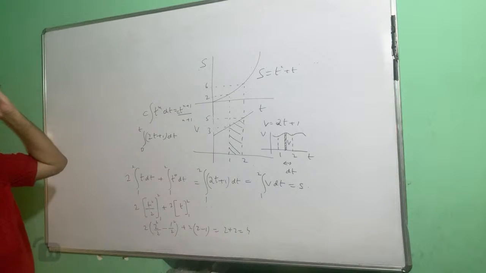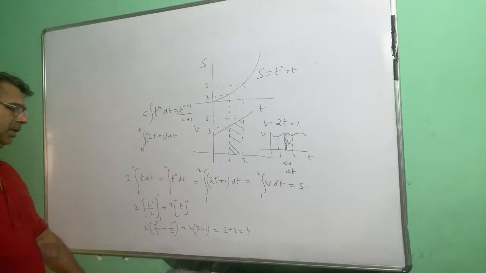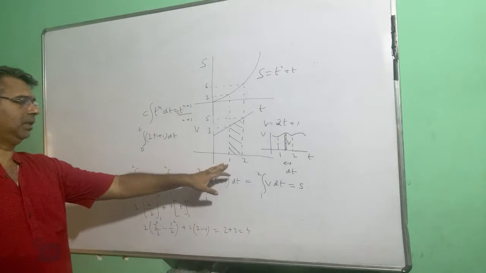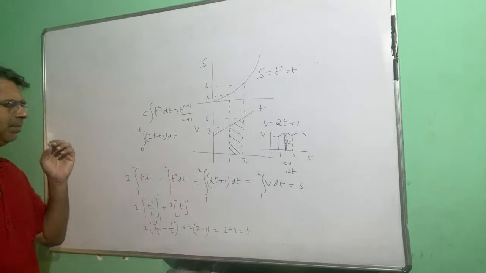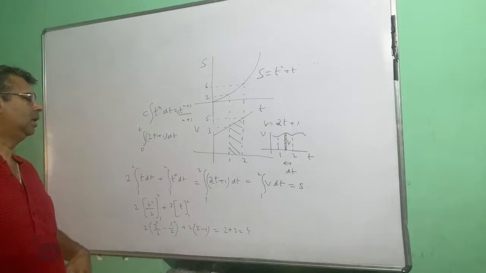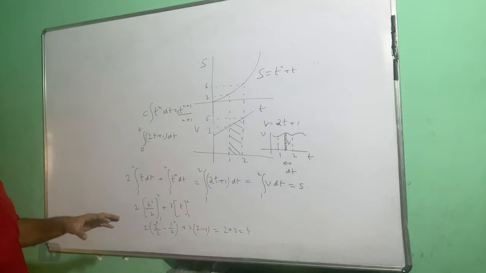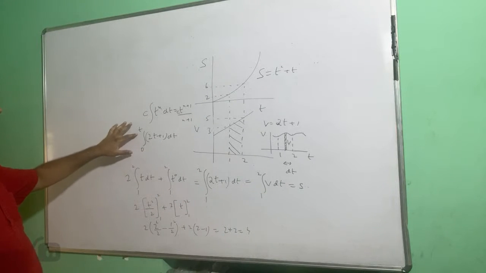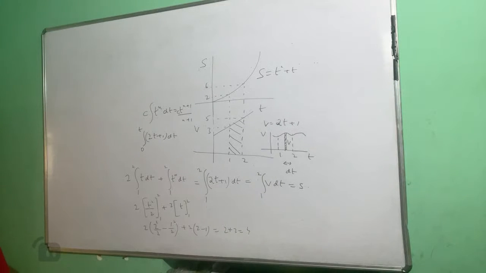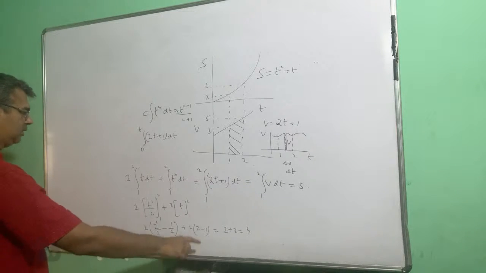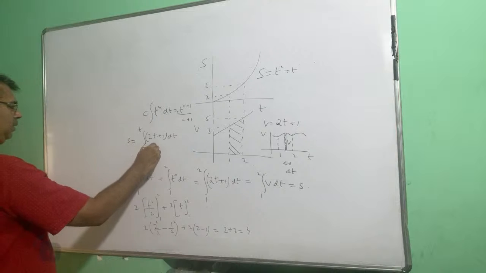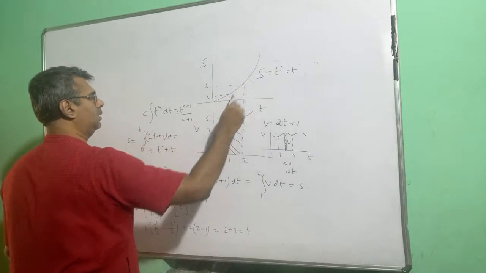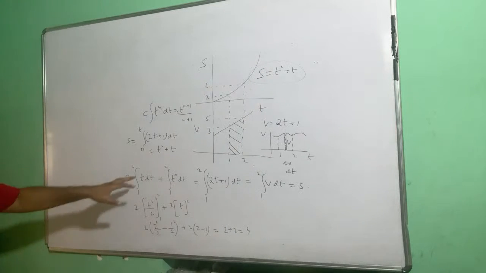Sometimes we are not interested in a specific displacement, like here 4 is the specific displacement between 1 second and 2 seconds, but sometimes we just want a general formula for displacement. Then in the integral, instead of writing the time as 1 to 2, you write 0 to any variable time like t, and if you continue all these steps, then you will find that your answer will come exactly the displacement time equation, that is t square plus t. You will get exactly that.